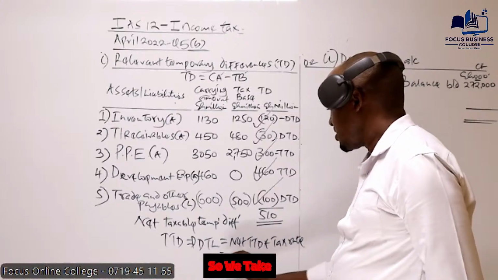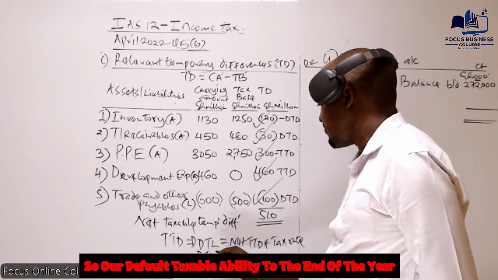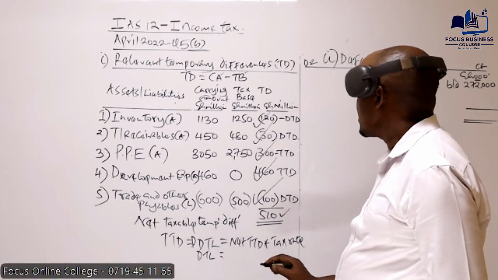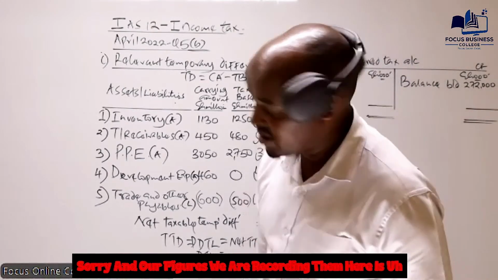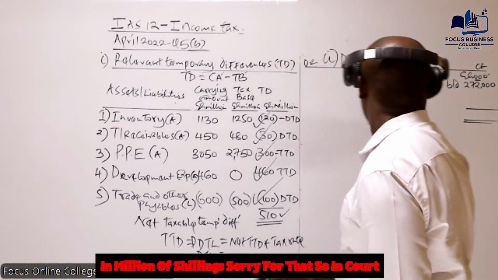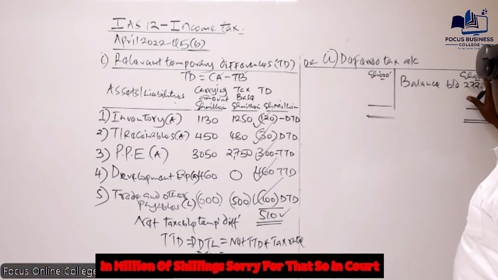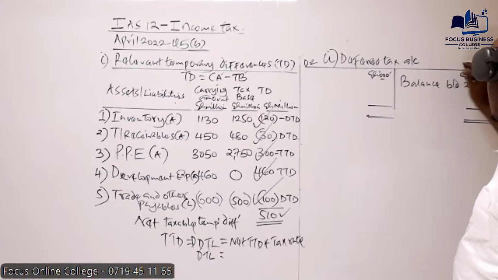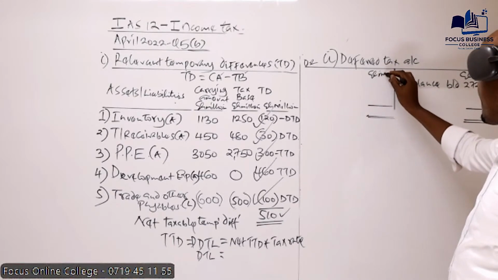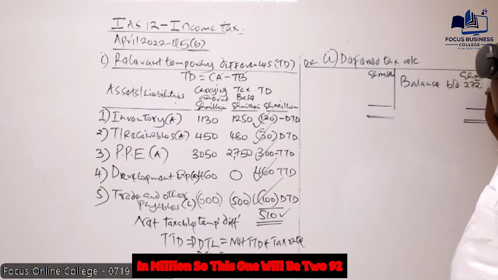So our deferred tax liability at the end of the year will be this one. Sorry, our figures here should be in millions of shillings, not in thousands of shillings. So this one will be 292.